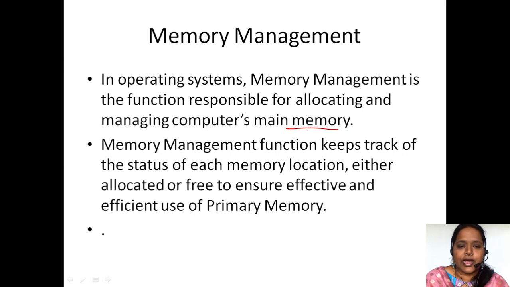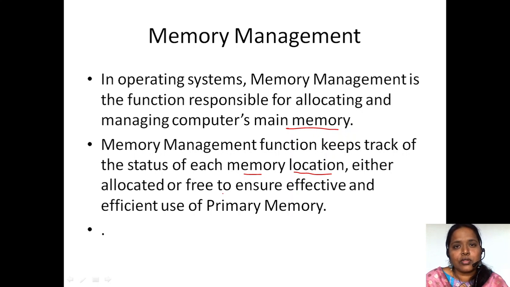So it keeps track of the status of each memory location. Irrespective of the number of memory locations, it keeps track of all of them, either allocated or free, to ensure effective use of primary memory. Suppose five spaces are free and two processes are waiting.